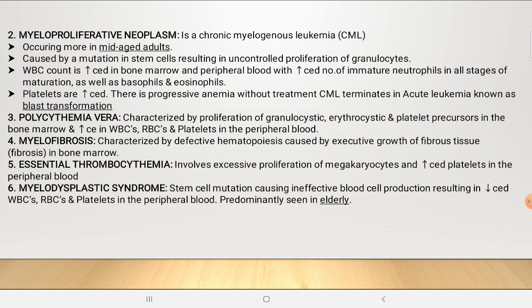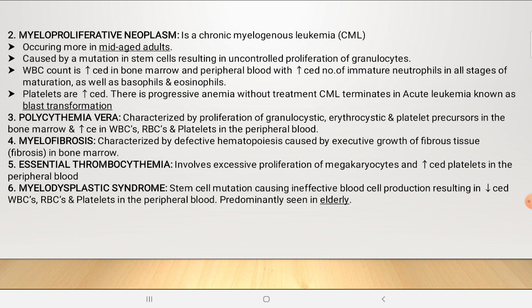Myelofibrosis is characterized by defective hemopoiesis caused by excessive growth of fibrous tissue, or fibrosis, in the bone marrow. Essential thrombocythemia involves excessive proliferation of megakaryocytes and increased platelets in the peripheral blood.